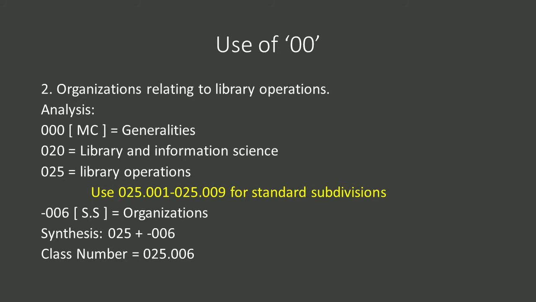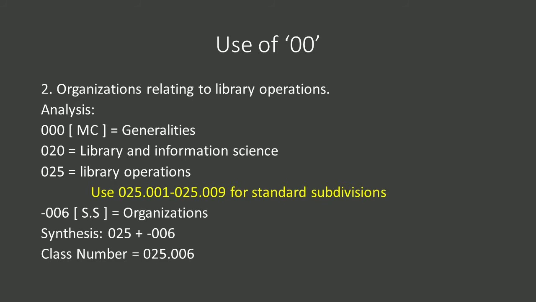So I have taken 025 for library operation. We have got the notation of library operation from the schedule, but the notation of organization we cannot find in the schedule. In Table 1 there is the notation for organization, that means Table 1 is the standard subdivision.